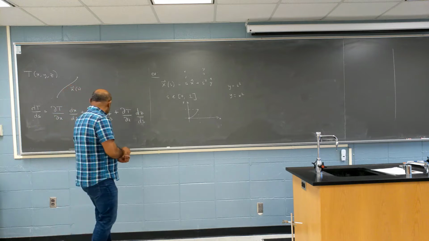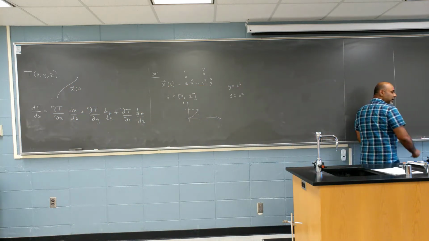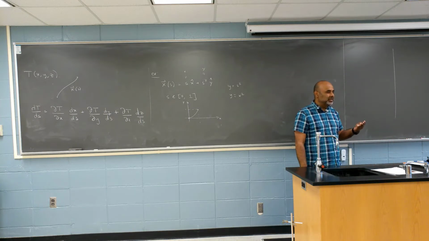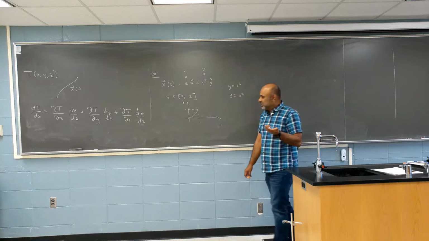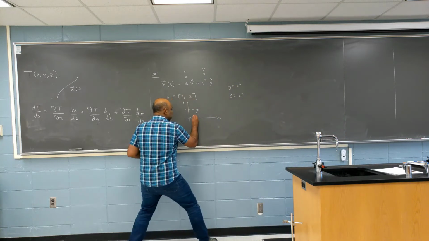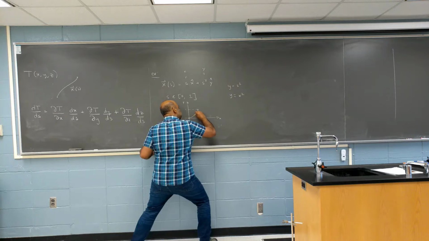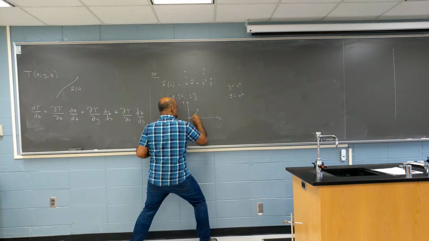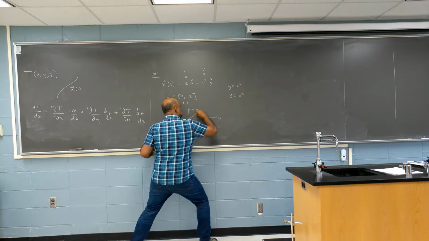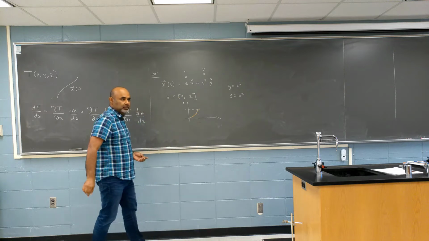What's the tangent vector along the curve? Remember, just from calculus or physics, tangent vector is nothing more than the derivative, right? But this is a vector valued derivative. So this tangent vector, at any point, it's a straight line, it's an arrow. But obviously the arrow is changing direction.